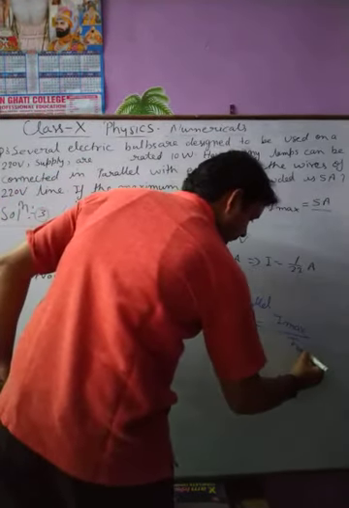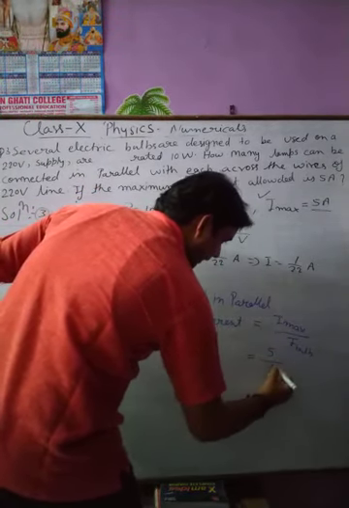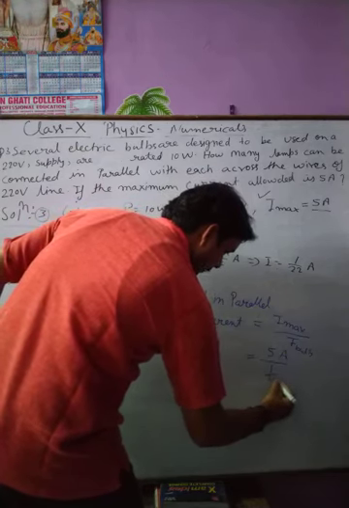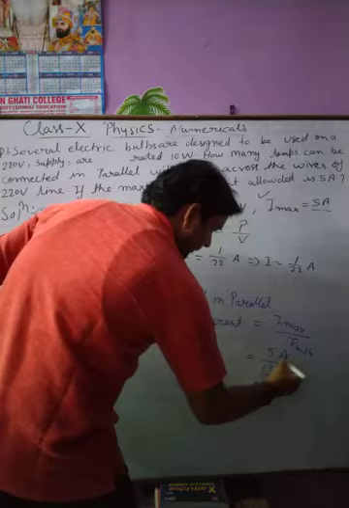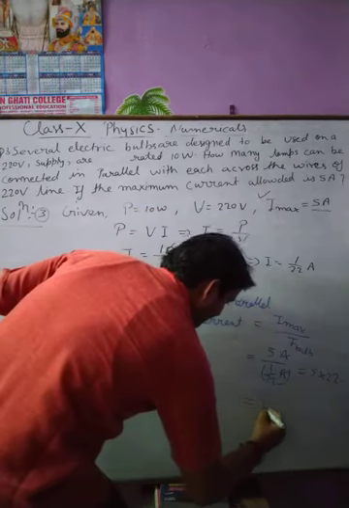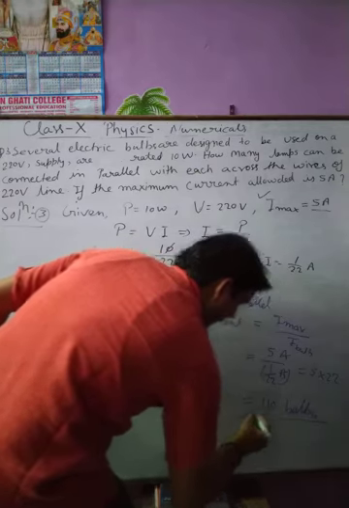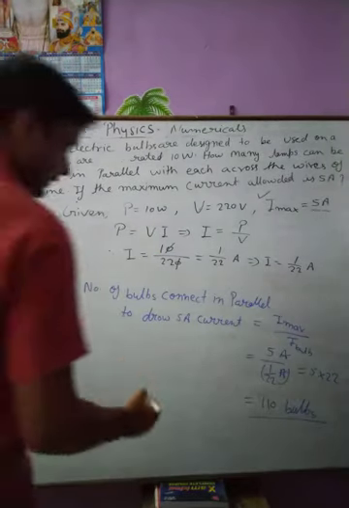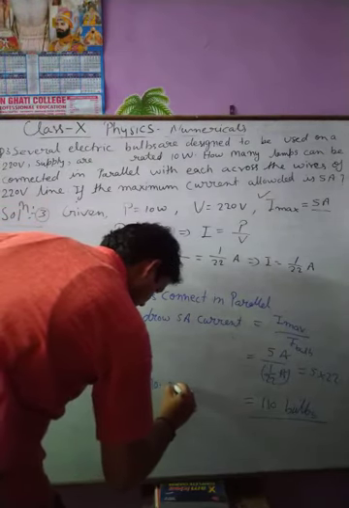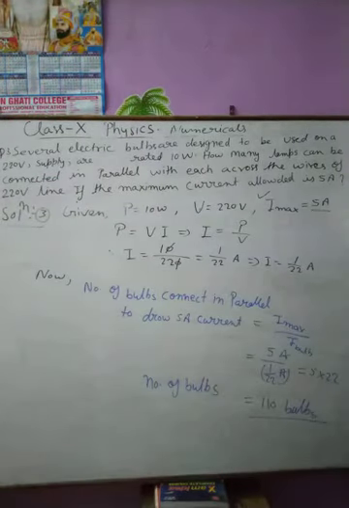Okay, so student, we have 5 ampere and I of bulb is 1 upon 22 ampere. The ampere cancels and 22 multiplied by 5 gives the result of 110 bulbs connected in parallel. So we can connect 110 bulbs in parallel to draw the maximum allotted current.